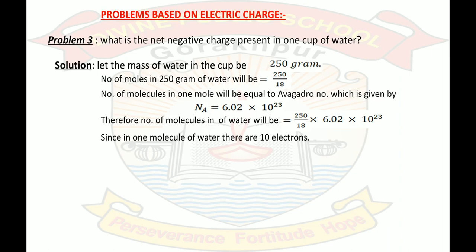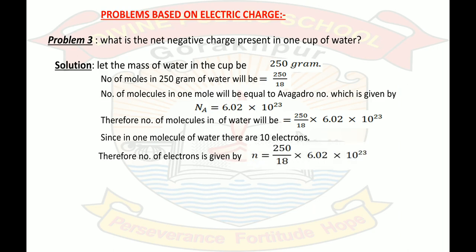So what is the number of electrons? Therefore the number of electrons n is equal to 250 upon 18 multiplied by 6.02 into 10 to the power 23, this is the number of molecules. 1 molecule has 10 electrons, so it will be multiplied by 10. Now this is the number of electrons, this is the value of n.